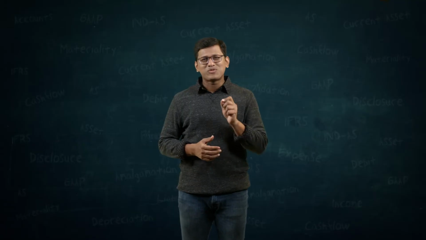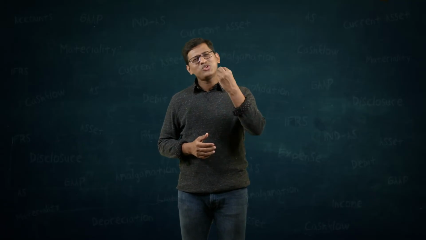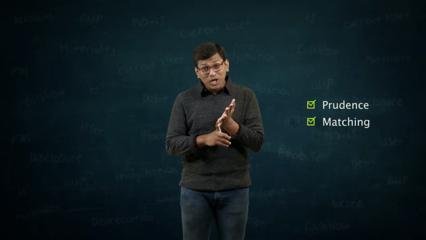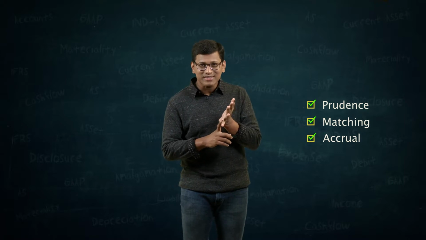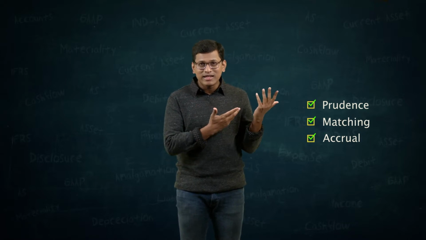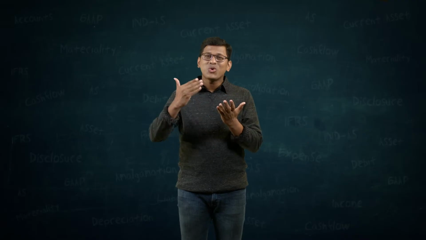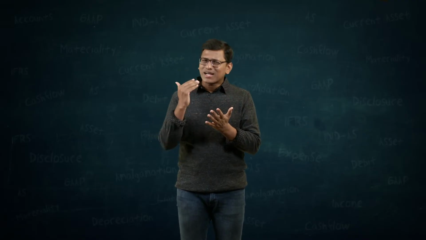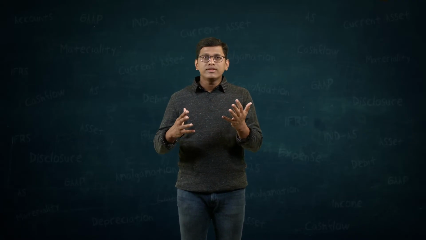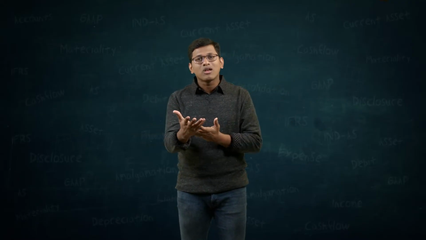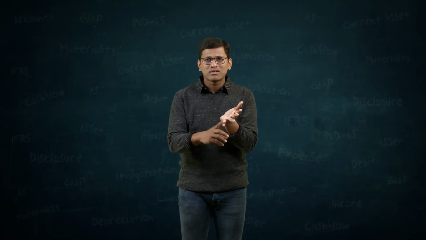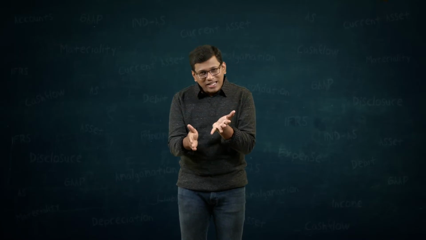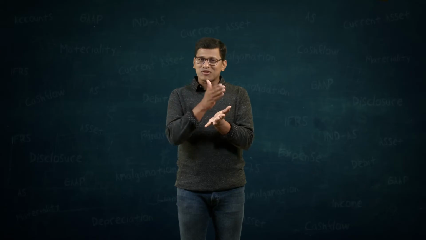This standard is based on a few words which you would have already heard of. Prudence, matching concept, accrual. Did we hear of these words in the past? Definitely, right? At CPT level itself, we would have heard of these words. So you will realize that in accounting standards, all these big standards are based on simple words, simple concepts like matching concept, matching between the incomes and expenses in a specific period, right?